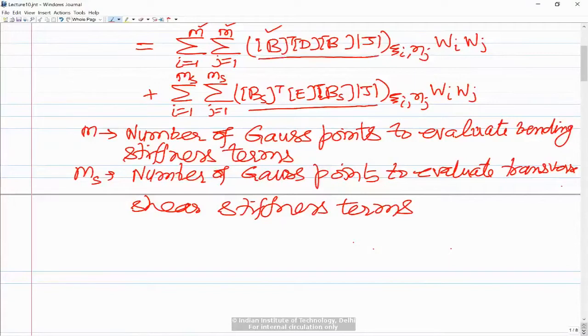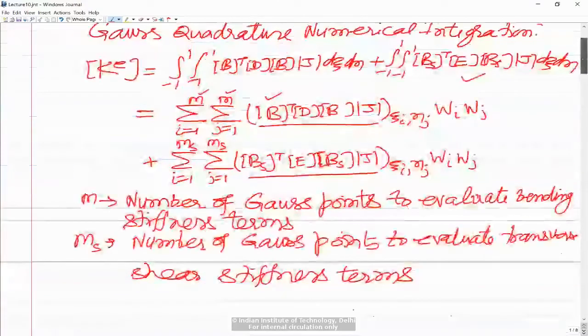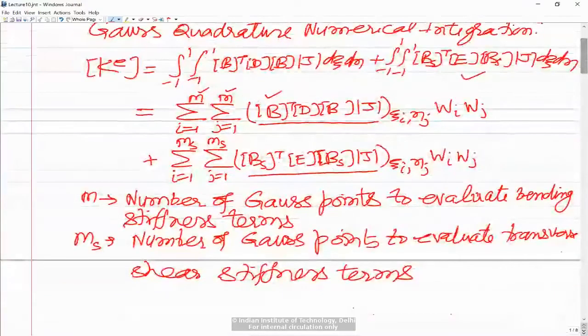See, in the Gauss quadrature numerical integration, we need to see what is the highest power of xi and eta in the integrand. Let us say we take a case that the element is a rectangle in the physical coordinate space. This B involves del N by del xi and del N by del eta, and this is a four noded element, so the shape functions are linear in xi and eta.